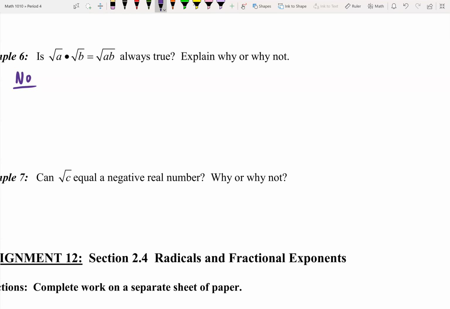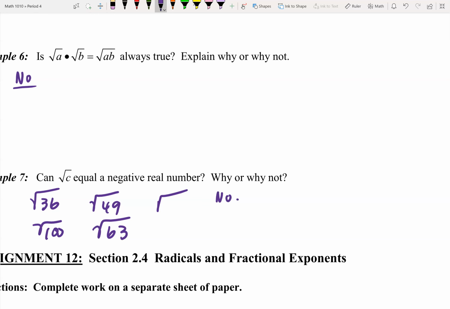How about question C? Can it ever be a negative real number? The square root of 36, the square root of 100, the square root of 49, the square root of 63, the square root of whatever. Can it ever be a negative? No. Why or why not?